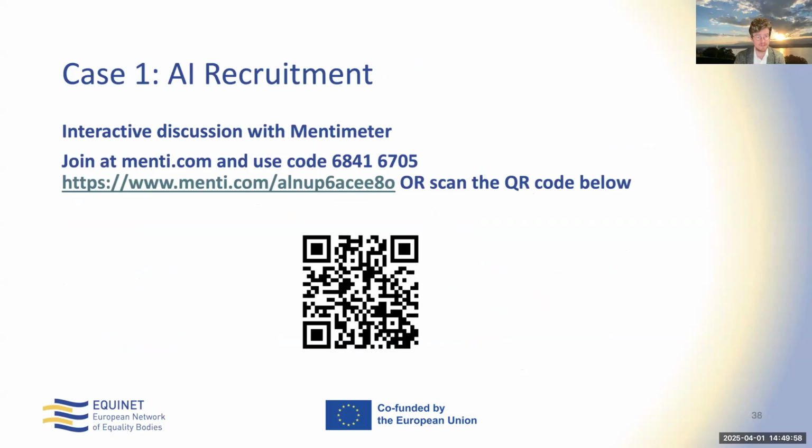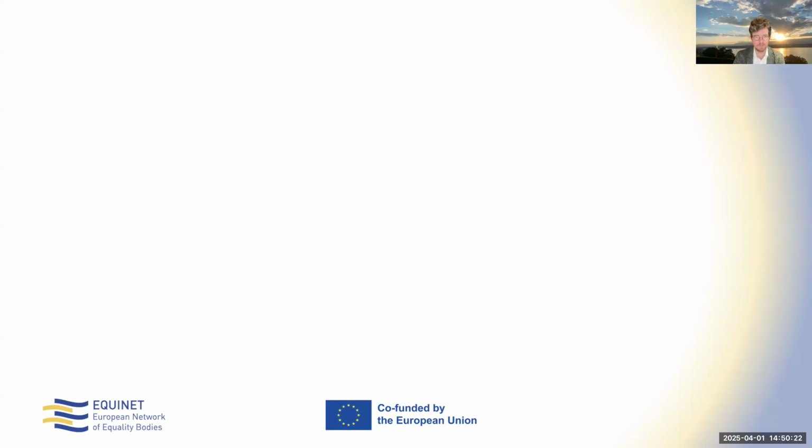You can also go to menti.com and put in the code, which I will read out to you: 68416705. For those of you who cannot read the screen easily, 68416704 on menti.com, or you scan the QR code. I'll leave a little time so everybody can join.